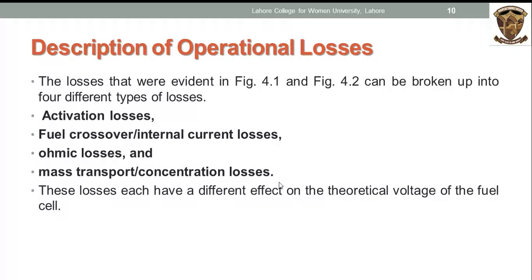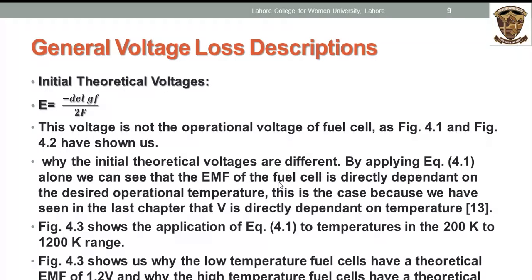In the last slides, we discussed the dependence of the voltage upon temperature. So figure 4.3 shows us why the low temperature fuel cell has a theoretical EMF of 1.2 volt and why the high temperature fuel cell has a theoretical EMF of 1 volt.